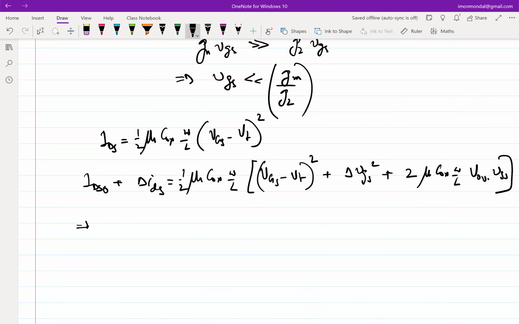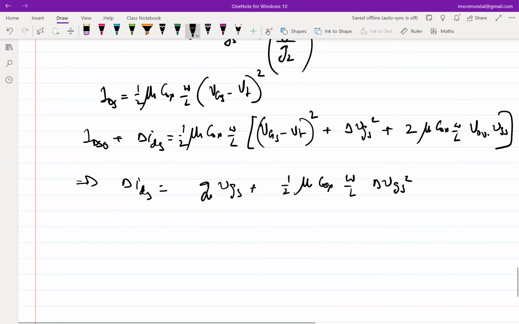So delta IDS is GM times VGS plus this half mu n Cox W by L delta VGS squared. So G2 is this.